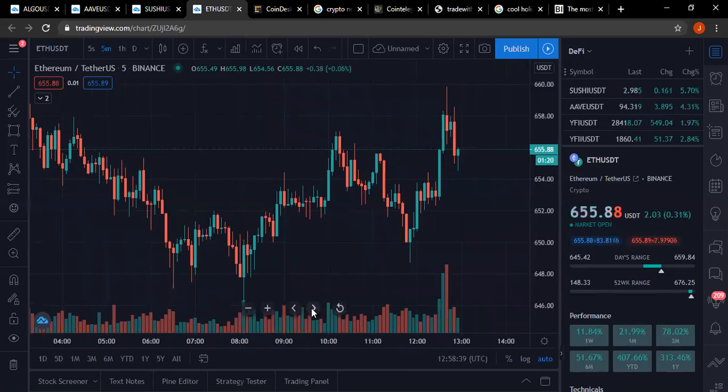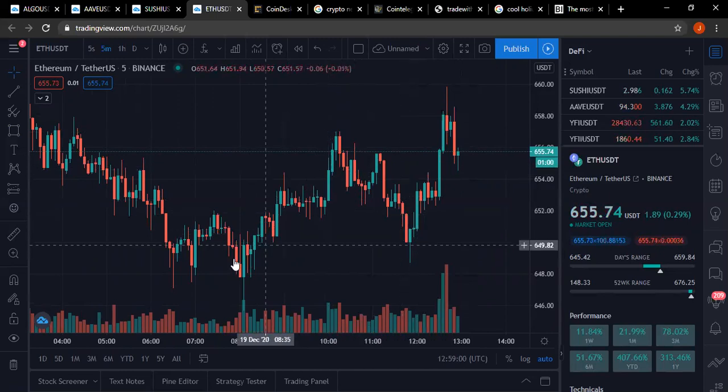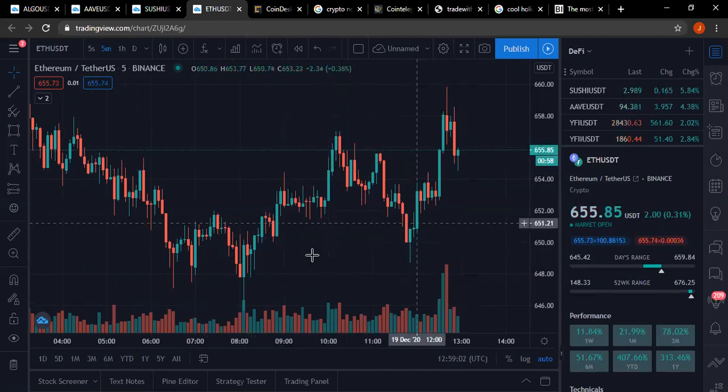I've been at the stage where I can predict the next candlestick. That's a level of consistency you have to get to. I think I'll have to do a video for that one. All these candlesticks have names, but the names are not as important as understanding what they mean.